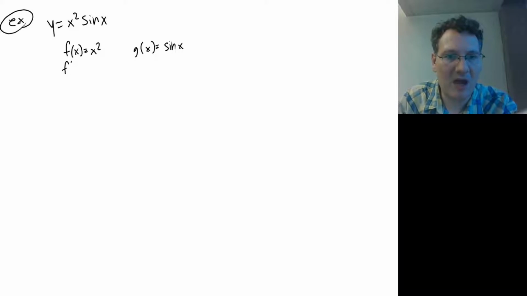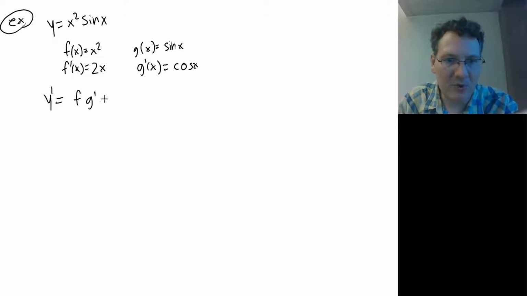So f prime of x, as we know from the power rule, is going to be 2x, and g prime of x is the cosine of x. So y prime is f g prime plus f prime g, which I'm going to put those parts in. We have x squared times the cosine of x plus 2x times the sine of x.